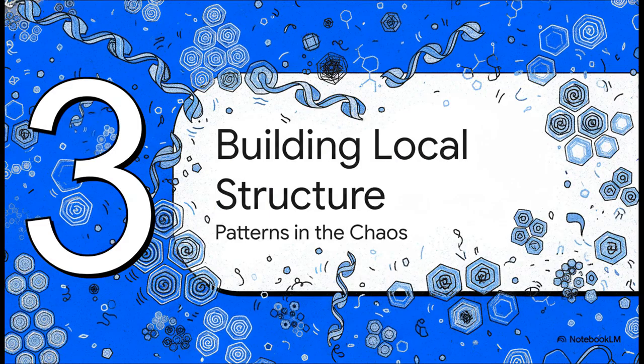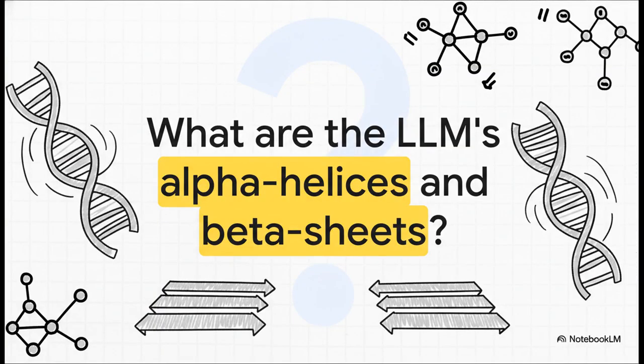Okay, so we've got the code. Now what? How does the whole folding process actually get started? Well, in both systems, it begins small. You have to create little, stable, local patterns to get a foothold against all that chaos. In biology, proteins start by forming these simple, repetitive little shapes. They're called alpha helices and beta sheets. They're the very first step toward creating order.